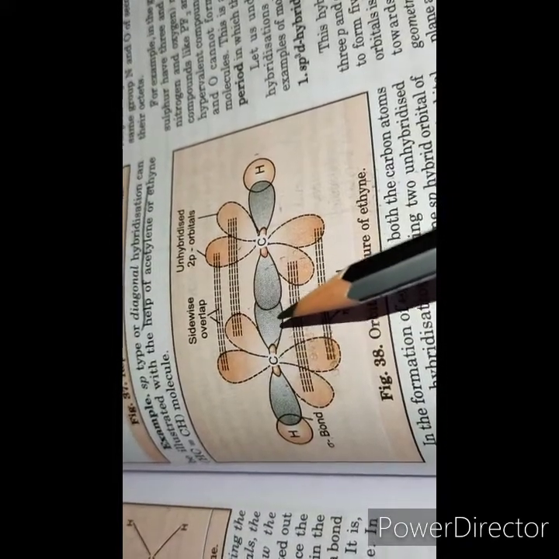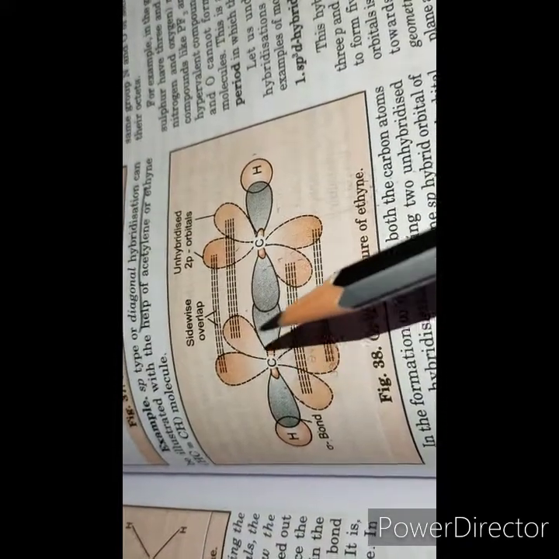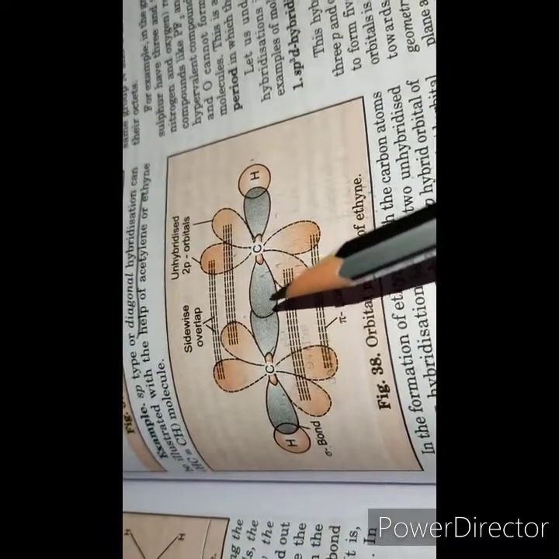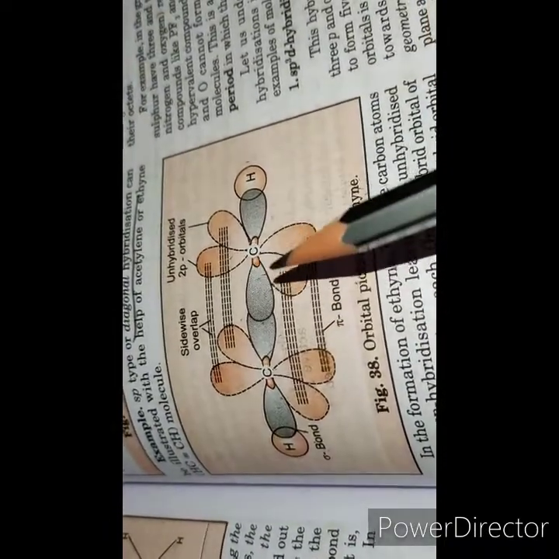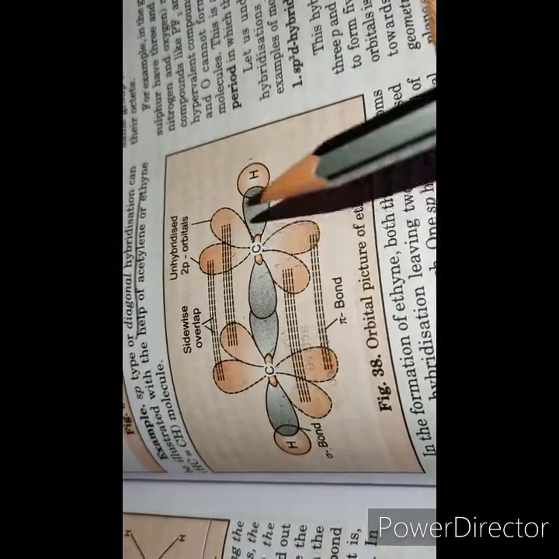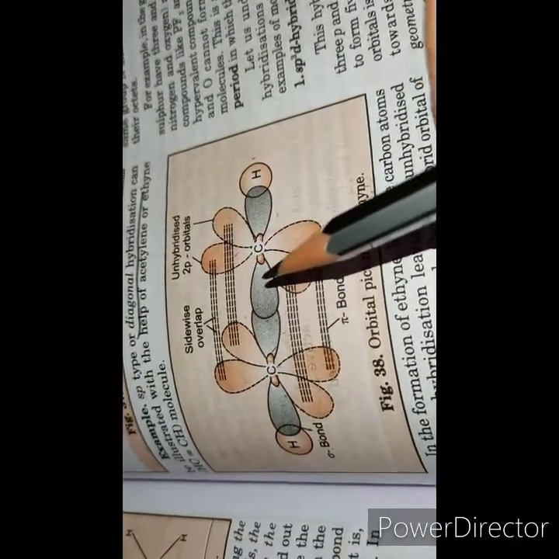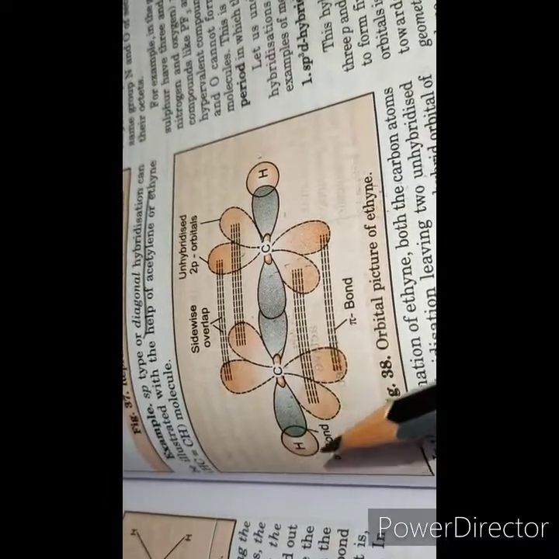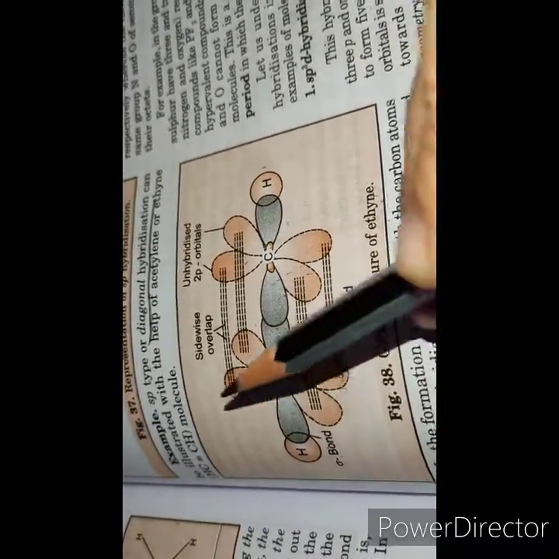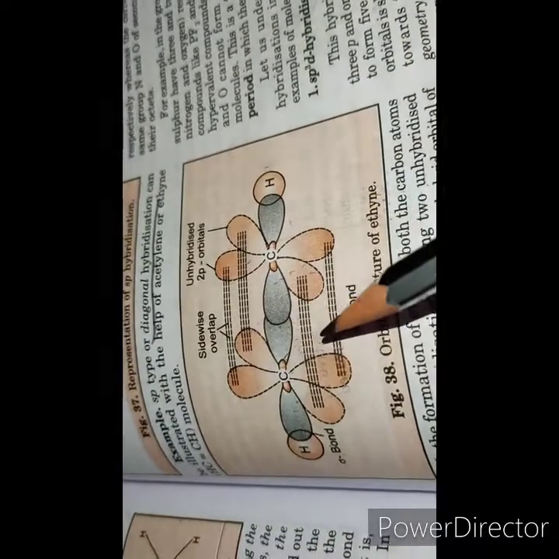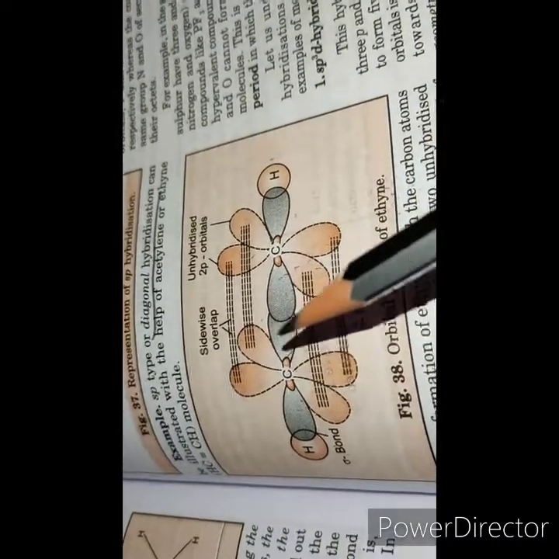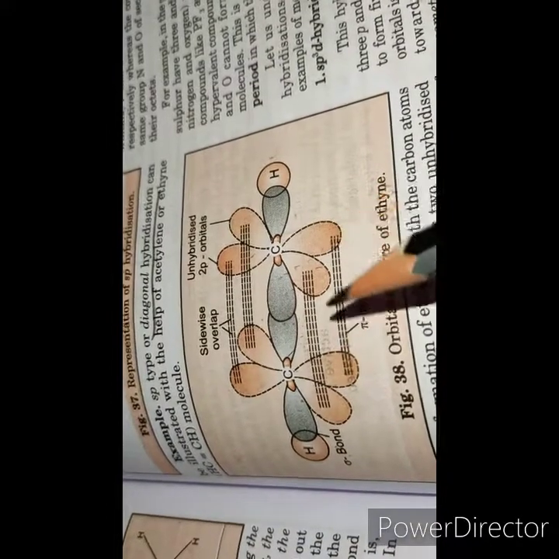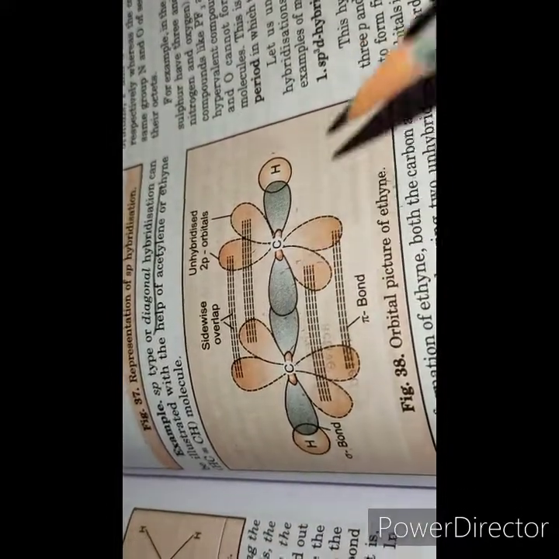As there are 2 sp hybrid orbitals, one of the sp hybrid orbitals forms a bond with the sp hybrid orbital of the other carbon. So this is a sigma bond. The other sp hybrid orbital forms a bond with the hydrogen atom. There are 2 p orbitals which are left unhybridized and they form bonds among themselves. So there are 2 pi bonds in the ethyne molecule.